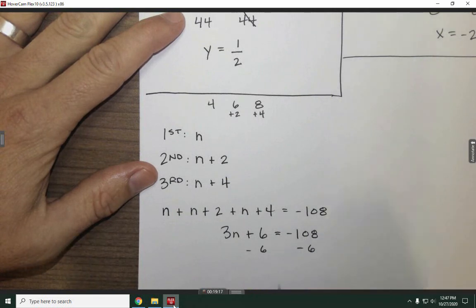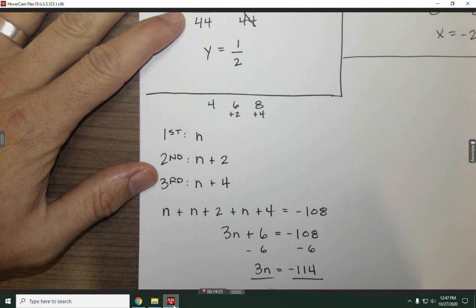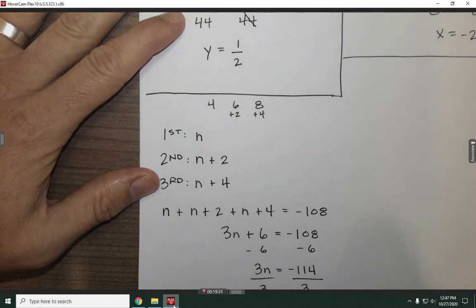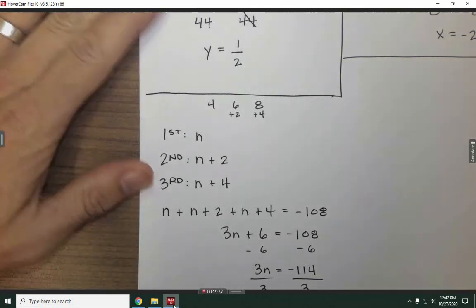These two negatives make for a bigger negative. So that gives us a negative 114. And then we're going to divide both sides by 3. And that tells us that n is negative 38. Right?